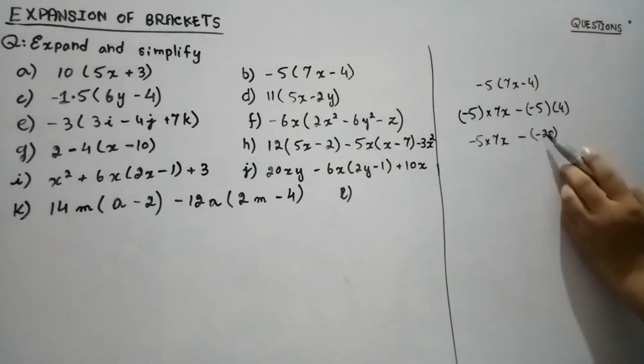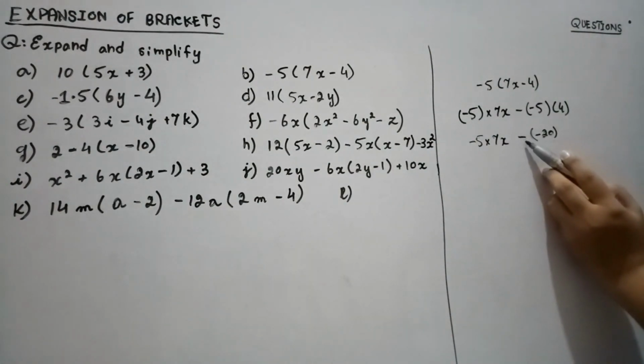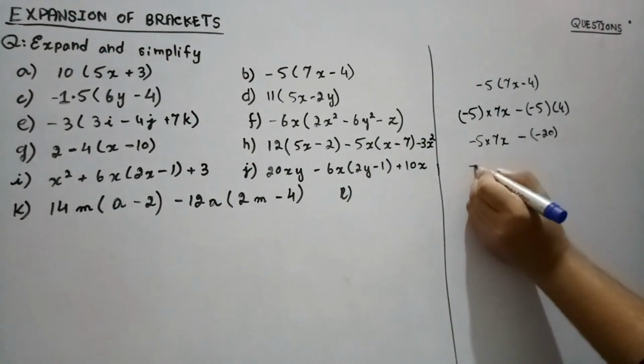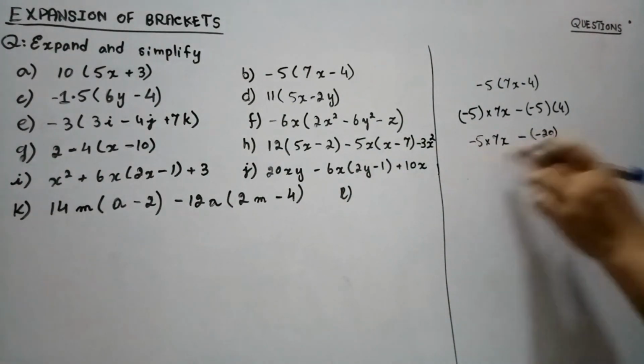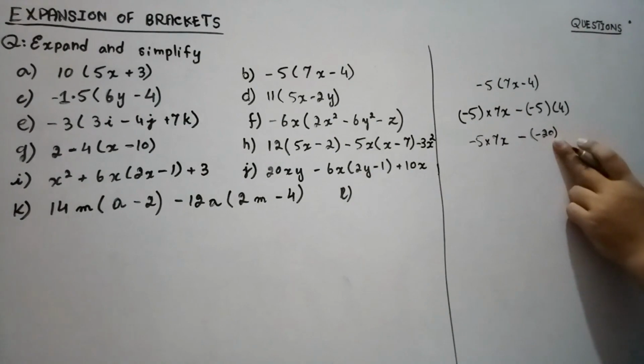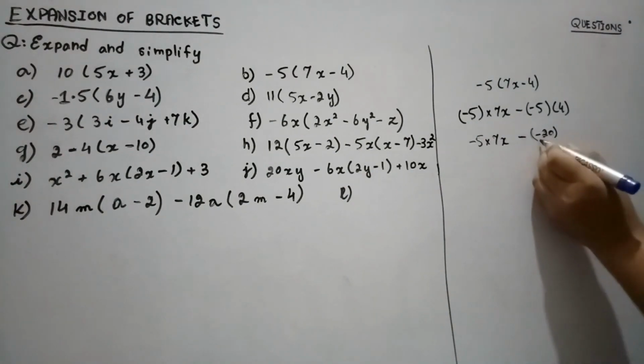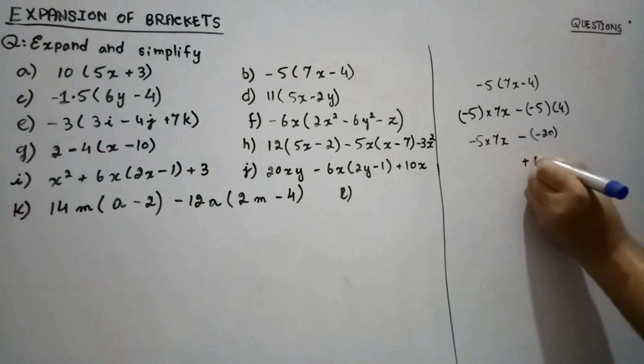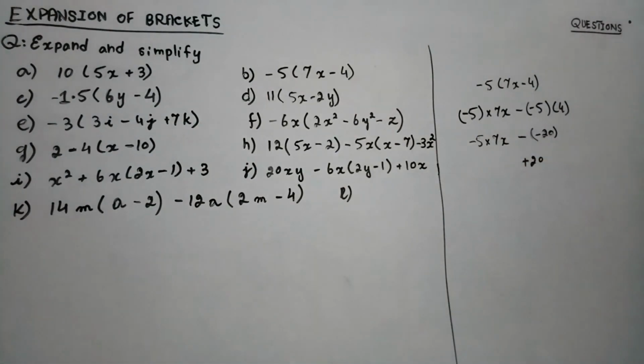Now this minus sign is going to multiply by this minus sign, and you know that minus minus will be equal to plus. It means that instead of negative 20 there are two negative signs, so it will be a positive 20 here, because minus minus is plus. You are getting my point?